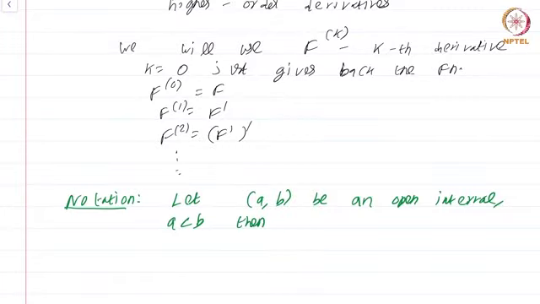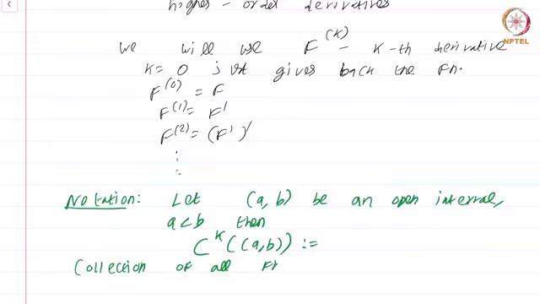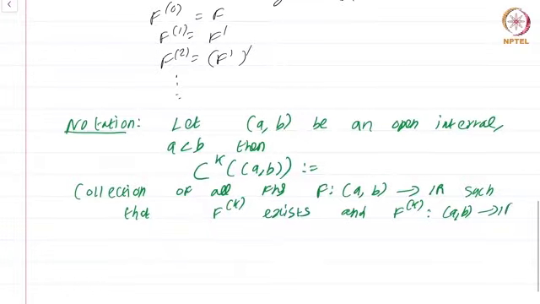Then C^k(a, b) is defined to be the collection of all functions f from open interval (a, b) to R such that f^(k) exists and f^(k) from (a, b) to R is continuous. This is important.